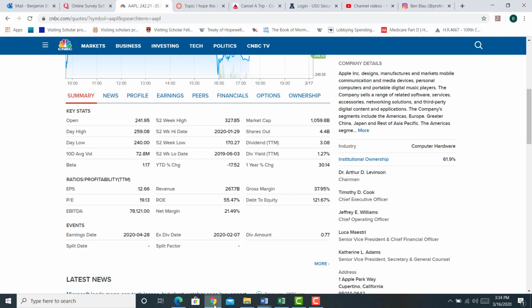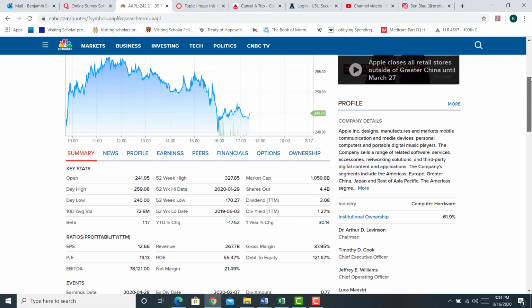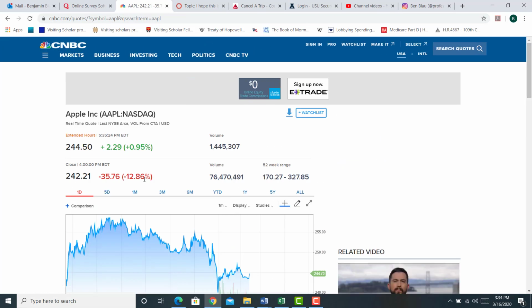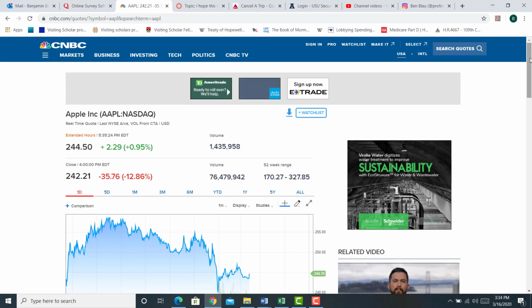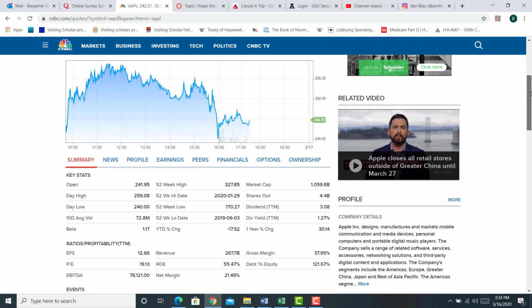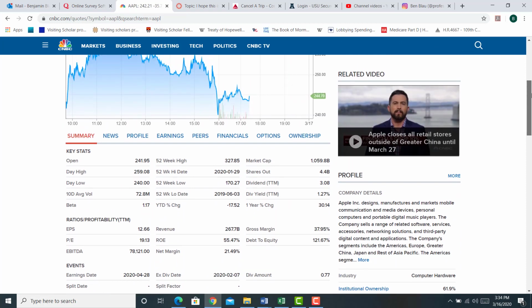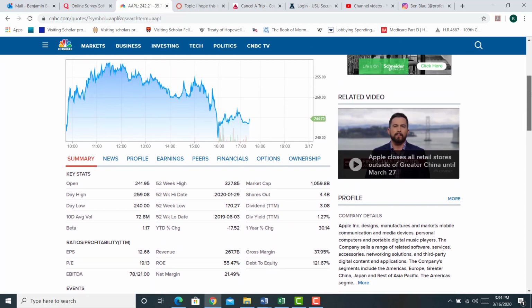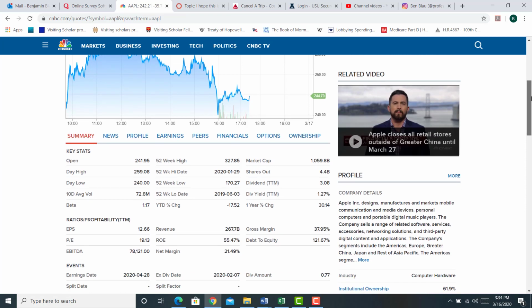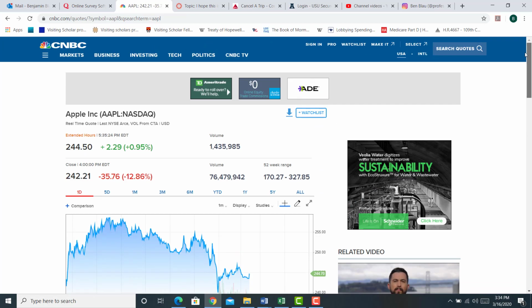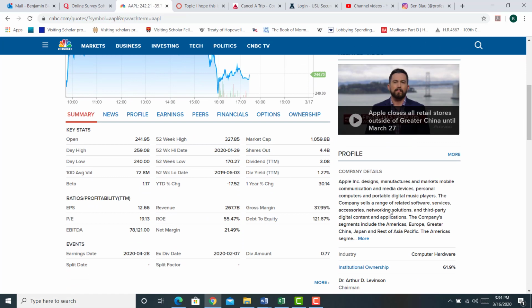Let's briefly look at something here. So here's Apple. Oh, down 13% again today. It's been a horrible day for markets. One of the craziest days, in fact, the craziest day in the last 33 years, since 1987. Apple's down 13%. Notice that Apple here pays a dividend per share of 77 cents.